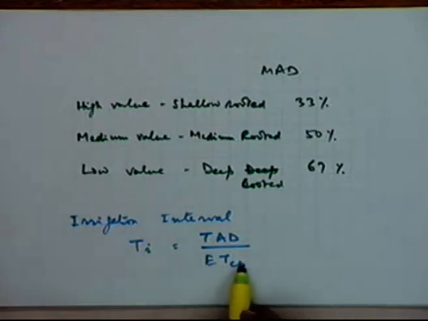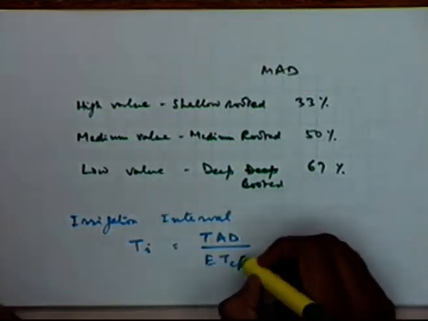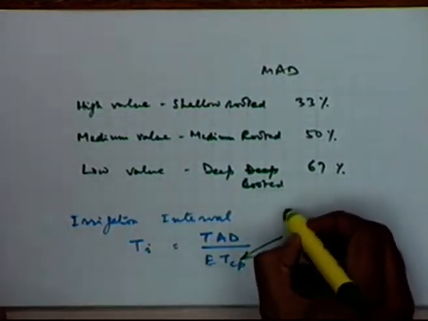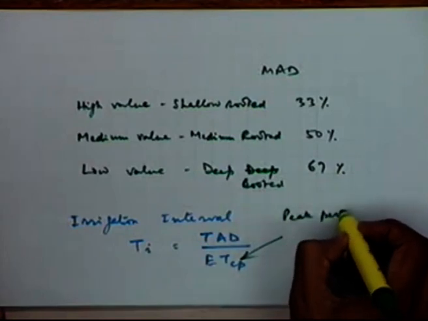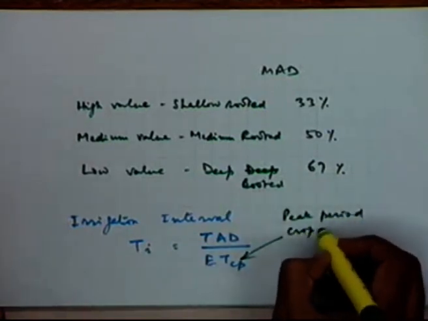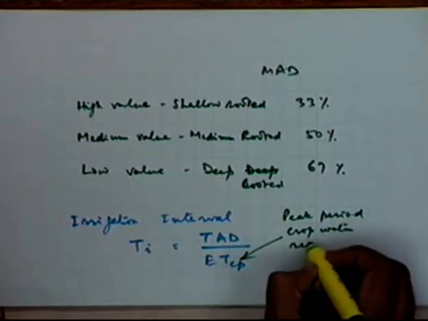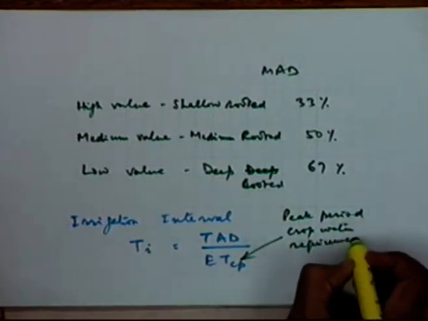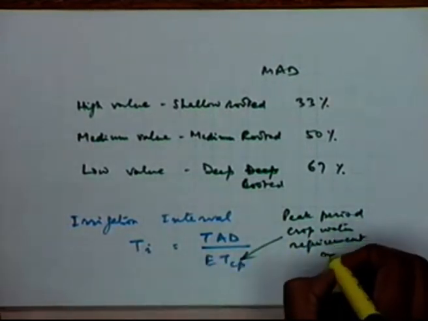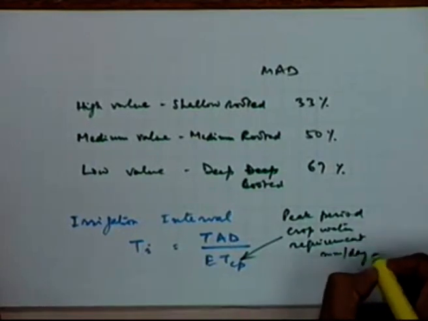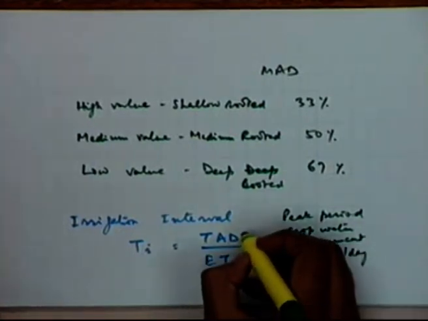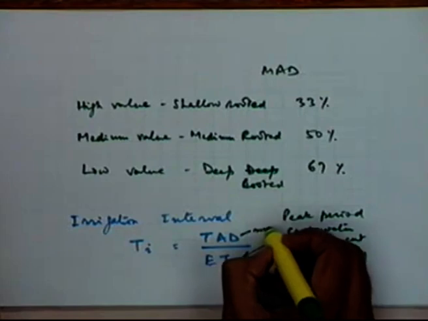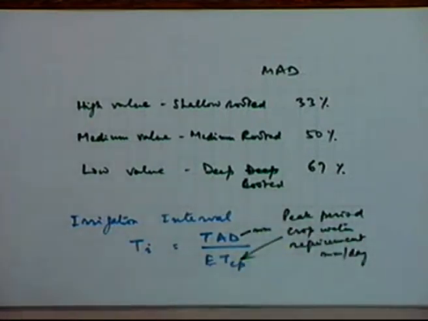This ET crop is the peak period crop water requirement, in millimeters per day, and this quantity is in millimeters.